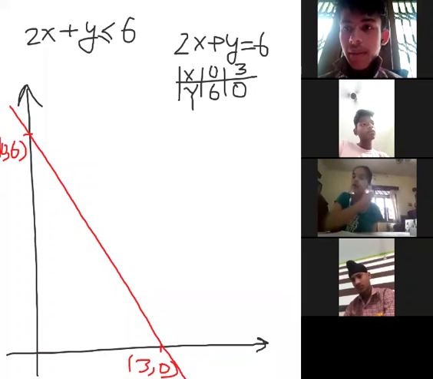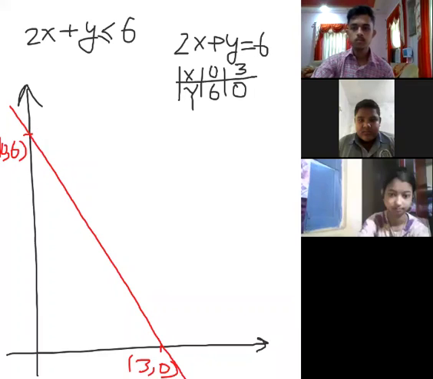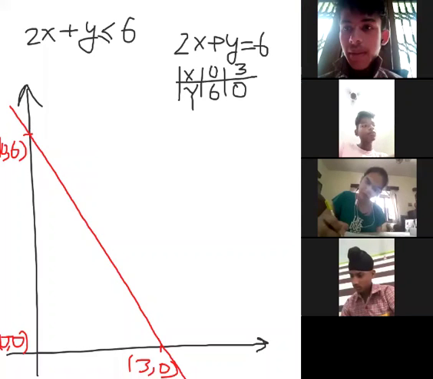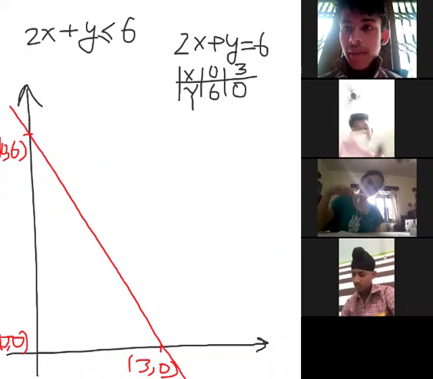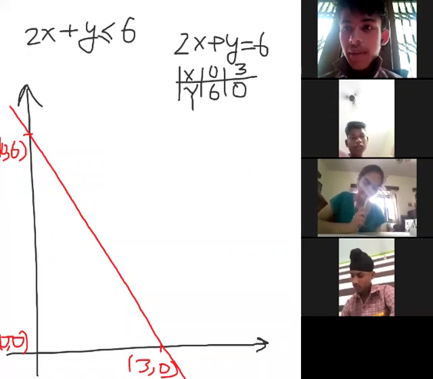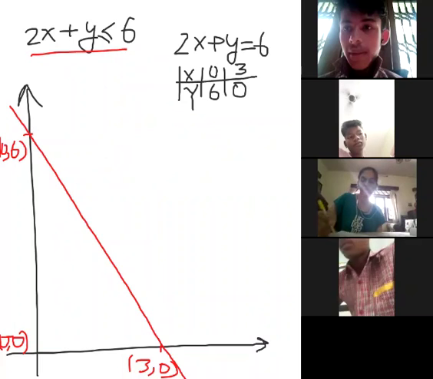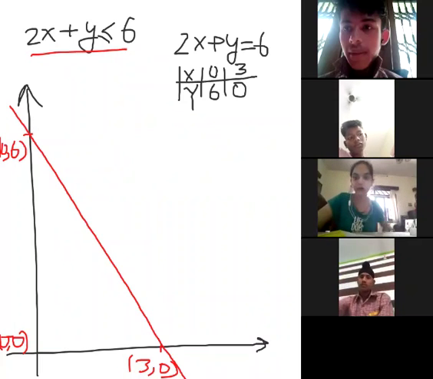Next target is to check for the shaded region. Again, I am taking the point (0, 0), which is not lying on the line. If it is not lying on the line, then we can take it. So I am going to check it for the shaded region, to see whether the shaded region will go to the lower half of the line or the upper half of the line.